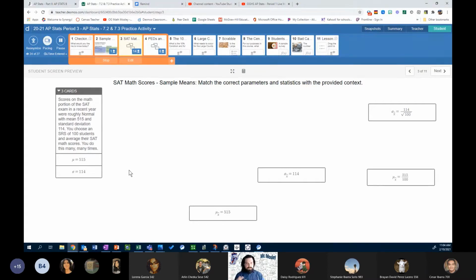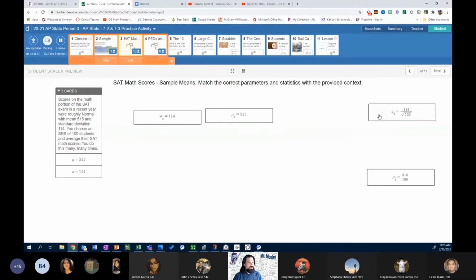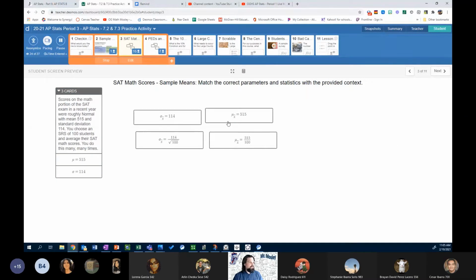Regular sigma, no extra symbols on it. Those apply to the population. So that leaves us with these other 4 cards. We have mu of x bar twice and sigma of x bar twice. We just need to identify which one is the correct pairing with the number.